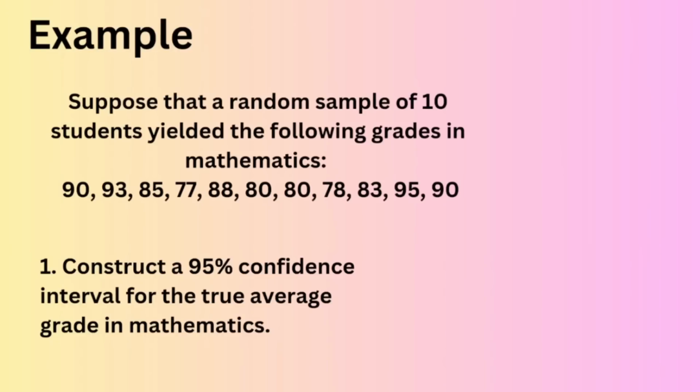Example. Suppose that a random sample of 10 students yields the following grades: 90, 93, 85, 77, 88, 80, 78, 83, 95, 90. Construct a 95% confidence interval for the true average.